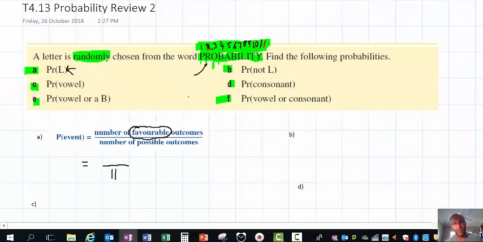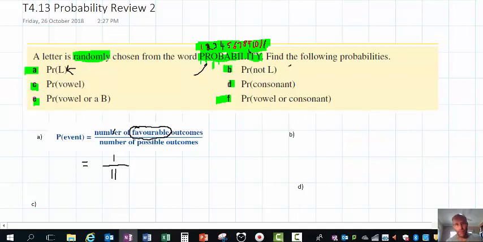If you have a look at probability, how many L's? Well, there's one. It's a single L. So the answer would be 1/11. You don't have to convert it to a decimal. That's completely optional. Okay, so that's the first one. Just remember, it's important to write down the formula.